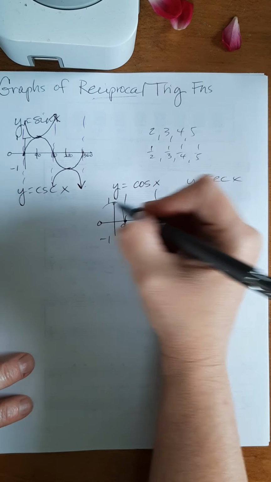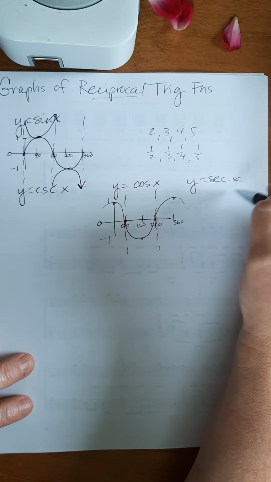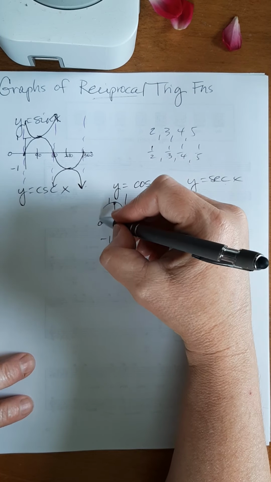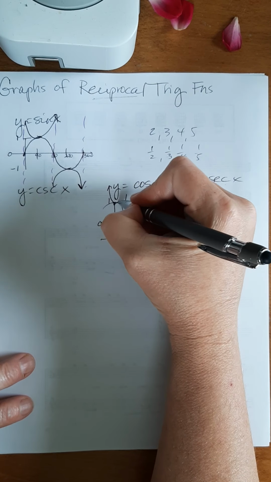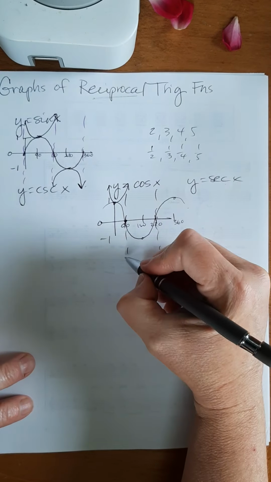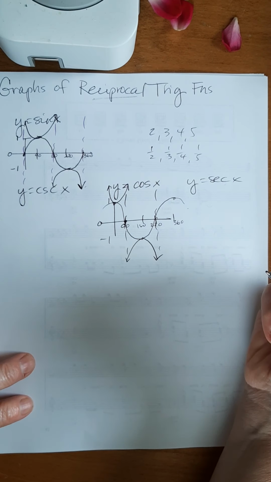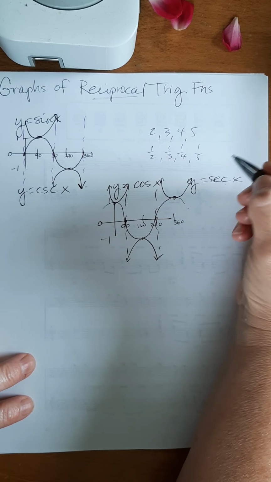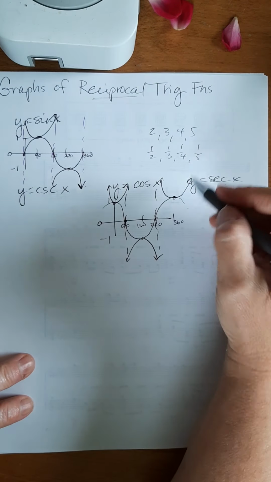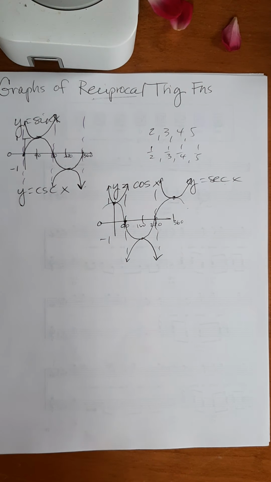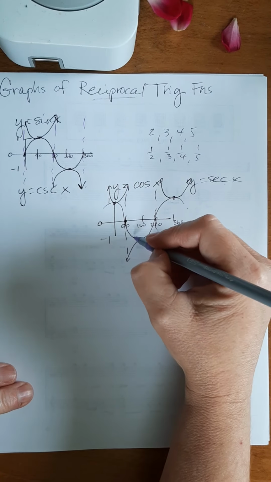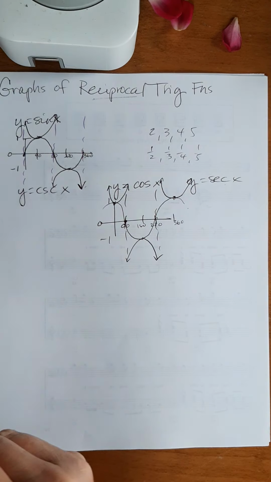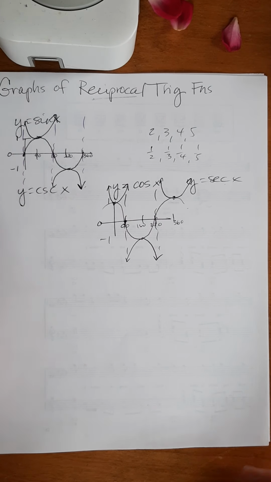And remember, those are going on forever. And then, to make secant, notice how your hump is going this way, so it's going to be going that way. That way. That way. If you look, it kind of looks like a frowny face. If you made a nose, eyes there, the frown. But anyway, that's what secant looks like.